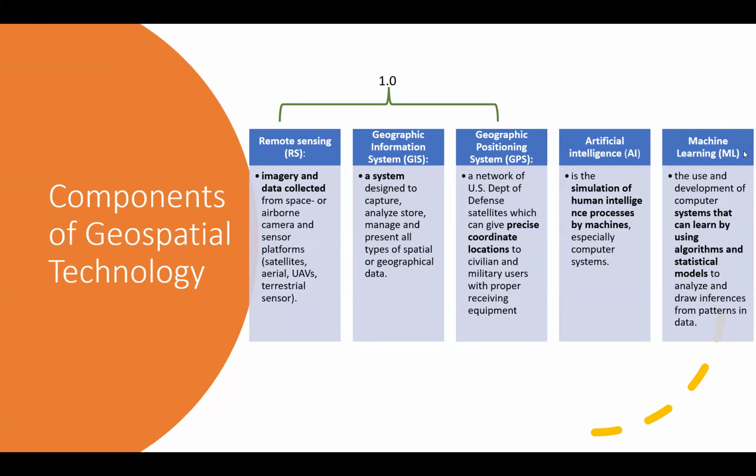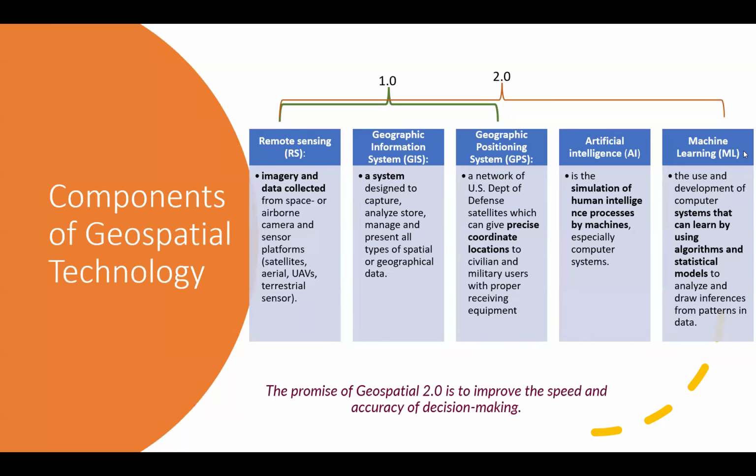Now, there is a revolution in geospatial technology as well, whereby the use of artificial intelligence and machine learning brings an improvement in the speed and accuracy of decision making.